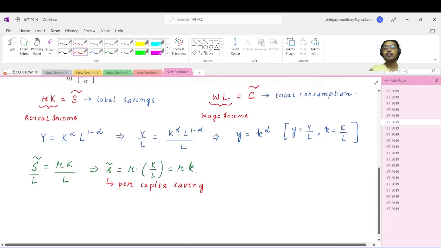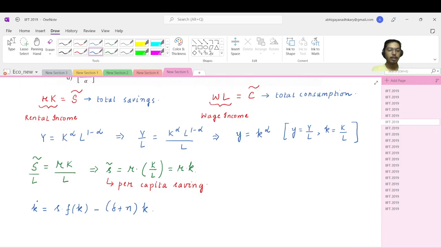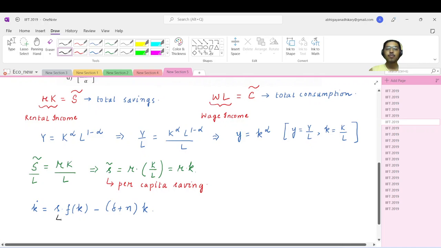And if you remember the standard Solow law of motion of capital that we get, that was k dot equals s into f of k minus delta plus n into k. Right? Do you remember this? This is what the equation was basically coming out like. Now, understand this over here. What was s? It was the savings rate.